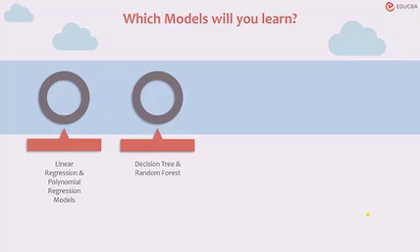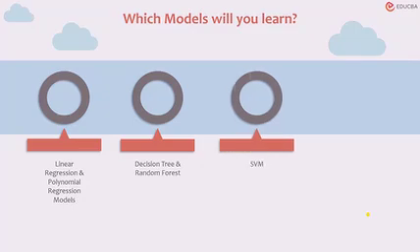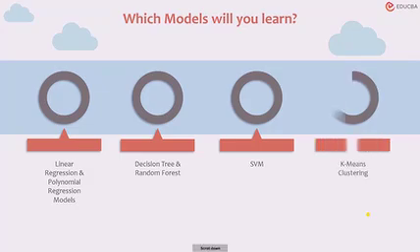Believe me guys, decision tree and random forest are very important models when it comes to machine learning, so when we come to that section, I want you to focus on it. Post that, we'll look into another algorithm called SVM models. And at the end, we'll also see how the k-means clustering algorithm works. Apart from that, we're also going to see other dimensionality reduction techniques as well.